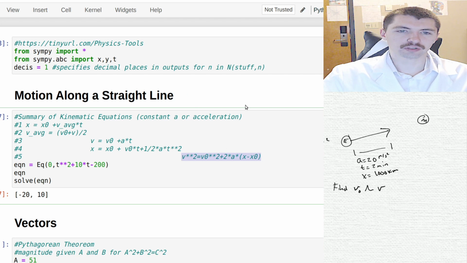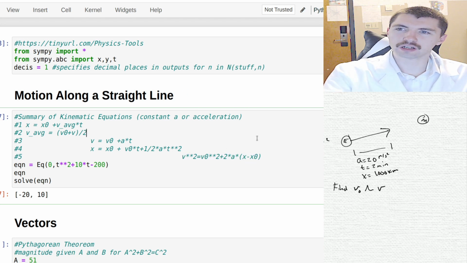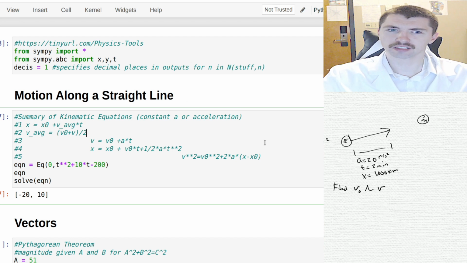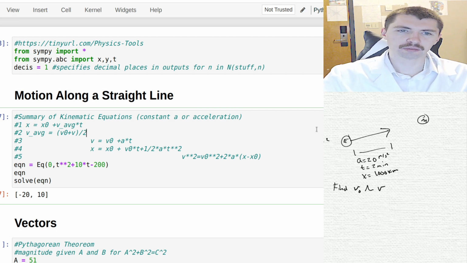We're not gonna use this one because it's unlike, it's like we use everything we're given, so more likely it's probably going to be between these two. Probably the second, the equation number 4. X naught, we're just gonna say 0. V naught.